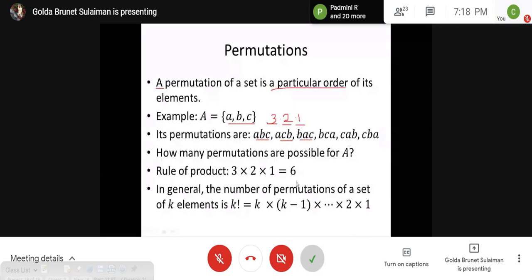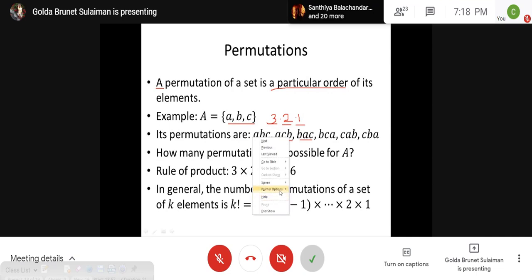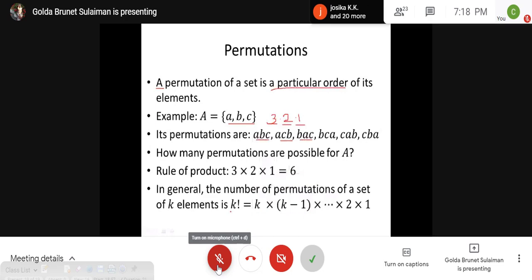Okay, so in general, if you have a set with k elements, the number of permutations will be, what is this? K exclamation mark. So you can see that this is the factorial operation, right?